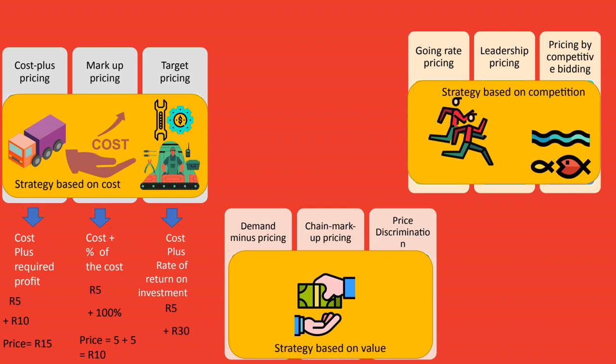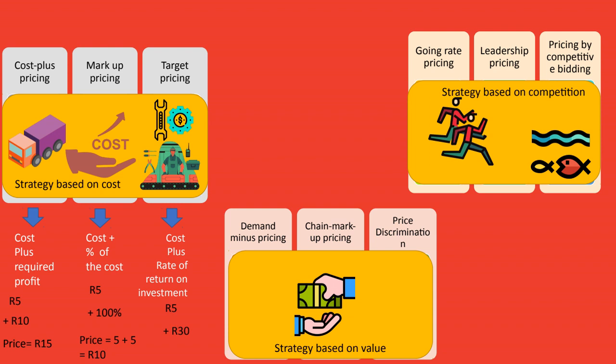So if we look at the first type of pricing strategy, sometimes it's what is called cost plus. If your product costs 5 Rand to make, you then add 10 Rand to it, and then your price is 15. So you have just added a particular amount to bring your price up to 15 Rand, because that's what you have decided that you want to make out of that product.